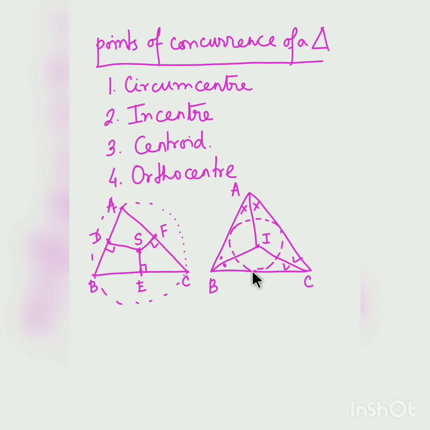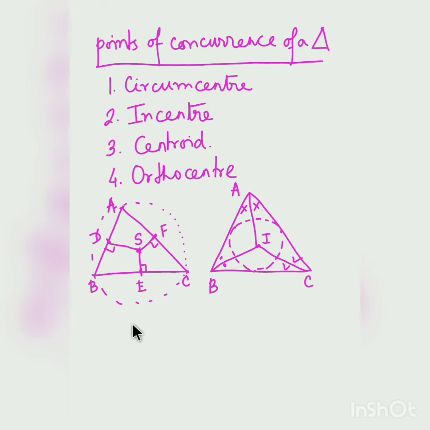Since it is inside, it is the incircle. So this incentre is the point which is equidistant from the sides of the triangle. So circumcentre was a point which was equidistant from the vertices of the triangle. Incentre is a point which is equidistant from the sides of the triangle.